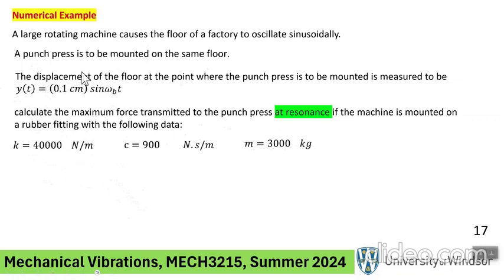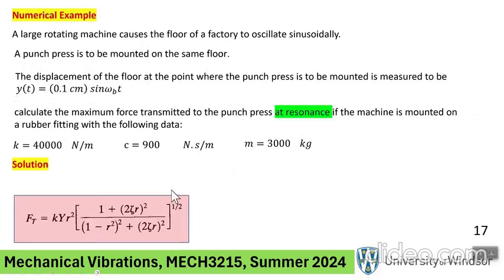Obviously, you create some isolation between the punch press and the ground, and you're told that the stiffness of that isolation is 40,000 and the damping constant is 900, etc. What we want to find is F of t. Now, what was the formula for F of t? It was like this. Let me remind you that there is this r squared hanging around here because we are using forces.